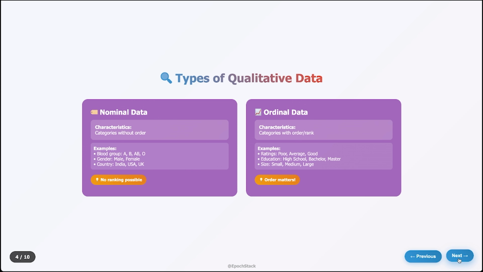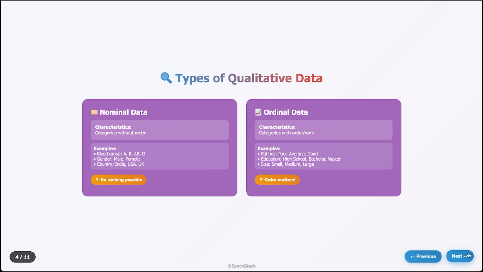You cannot do first master, then high school or bachelor. It should be in a particular order. Similarly, if you are purchasing a t-shirt from any e-commerce website, there is a size chart. In that it starts from small, medium, large or XL. So generally in ordinal data, order matters. There is a ranking.